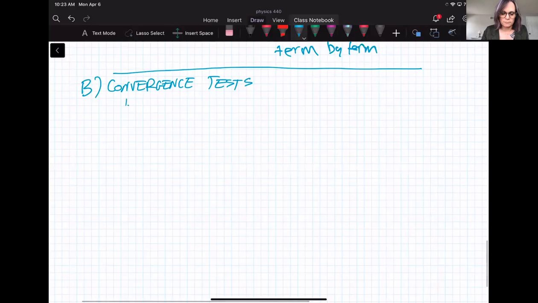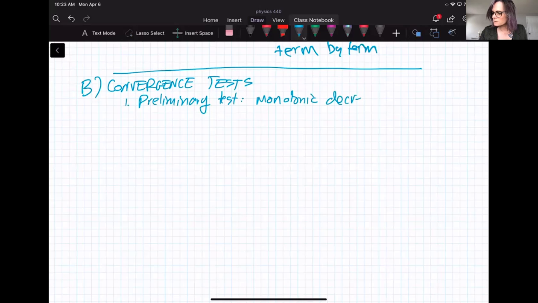The preliminary test is just the monotonically decreasing test, right? If your series doesn't pass that, then it's divergent and you can move on. The next is the simple comparison test. But again, there are series in which you can get an indeterminate answer.